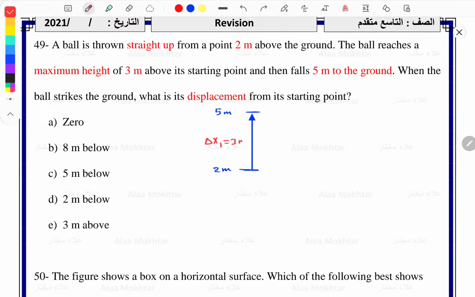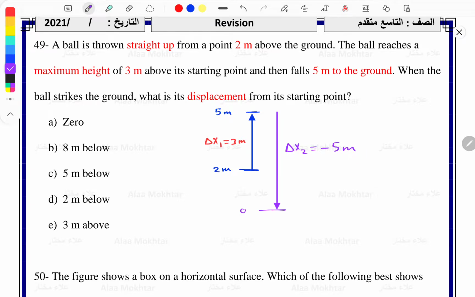Then it falls down from this position for what? For 5 meters down. It goes from this point to this point, to 0, from 5 to 0. So delta x2 will be negative 5 meters because it's down.